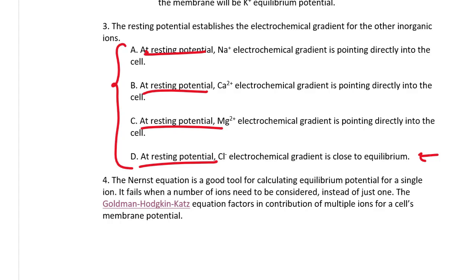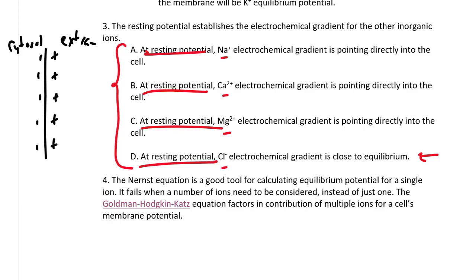Or you can just remember what the concentrations for these are across the membrane, or have at least a really good idea of what they are, and then say, well, at resting potential, I'm positive outside, negative inside, and when I look at sodium, it is about 145 millimolar outside, and 5 to 15 inside.